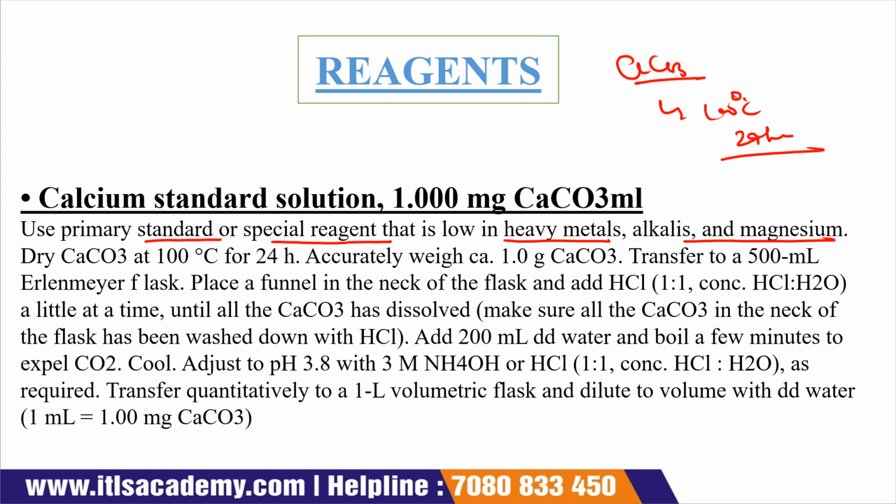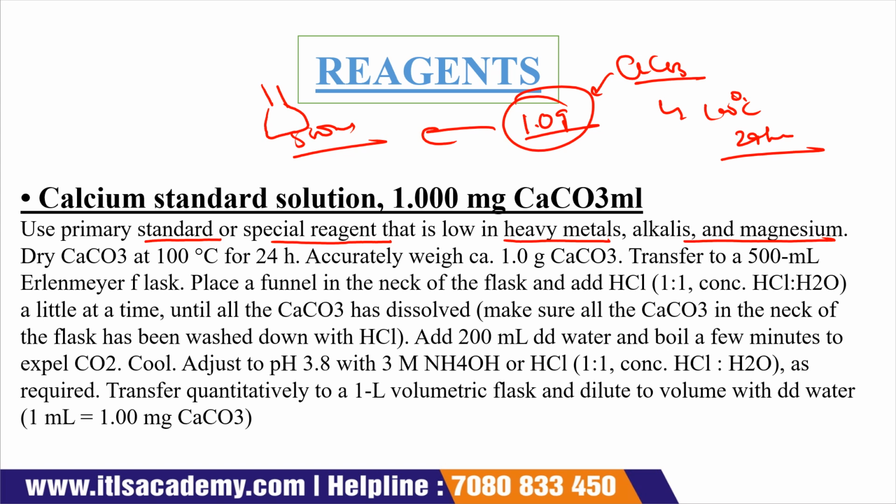After 24 hours, we weigh 1.0 gram of calcium carbonate, and this 1.0 gram is transferred into an Erlenmeyer flask of 500 ml. Now we place a funnel into the neck of this flask, in which the 1 gram of dry calcium carbonate is present.